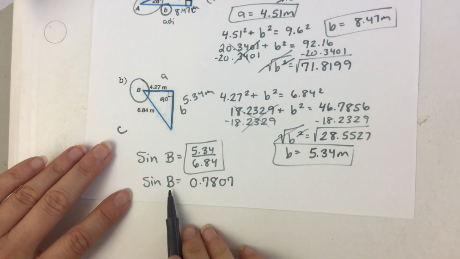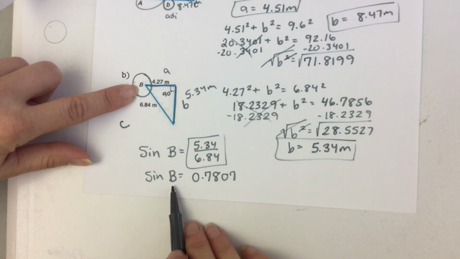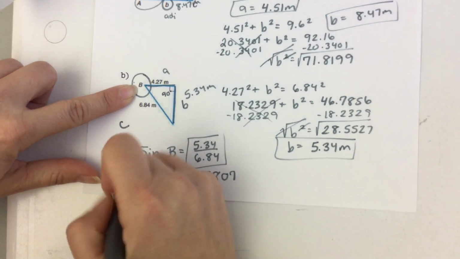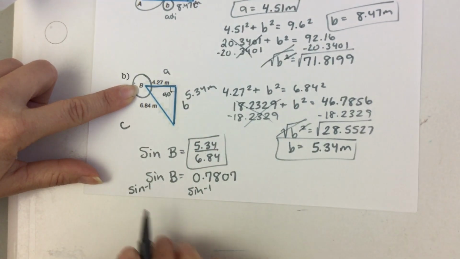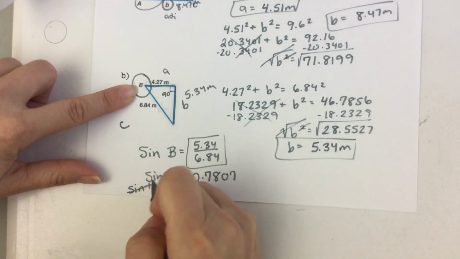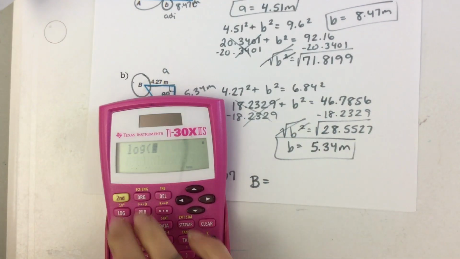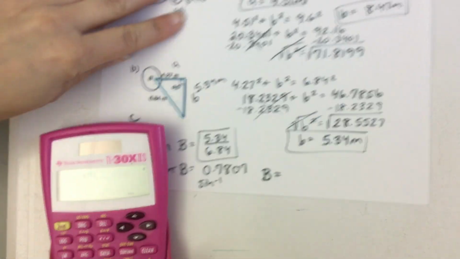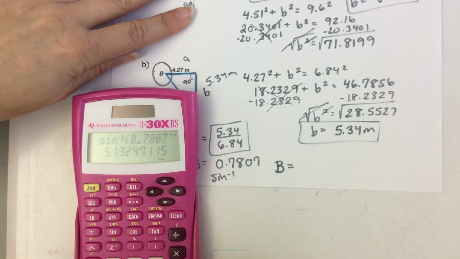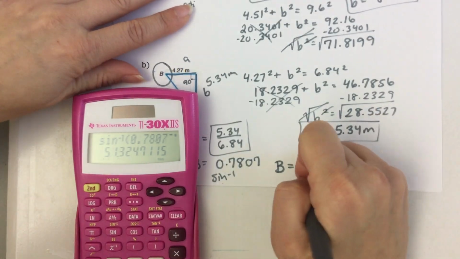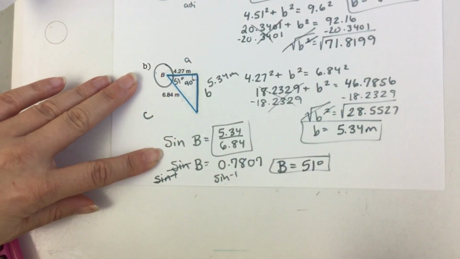Now if I want to find B, and they told us that our angles are rounding to the nearest whole number, I need to cancel a sine. In order to cancel a sine, you do the inverse sine. What you do to one side, you always do to the other. This cancels this. B equals the inverse sine of 0.7807 rounded to the nearest whole number. 51.3 would be 51 degrees. So B is 51 degrees.